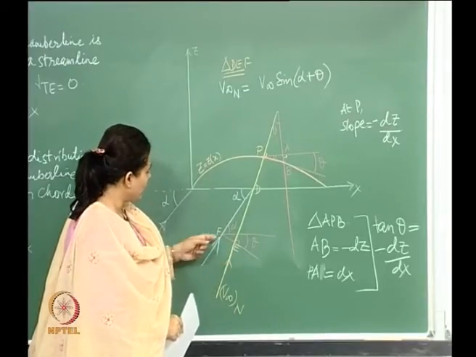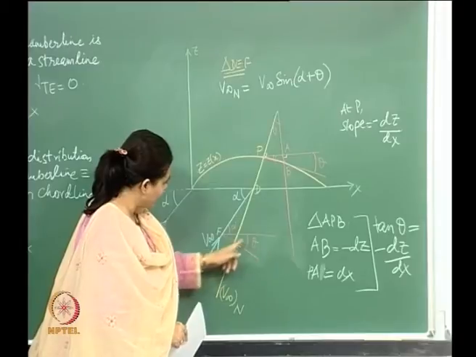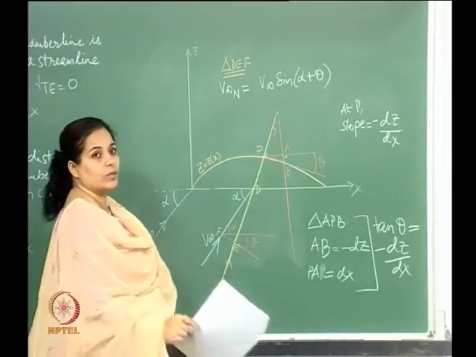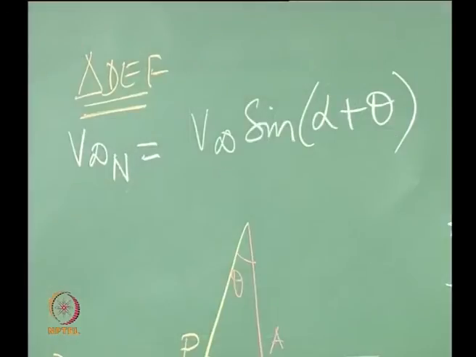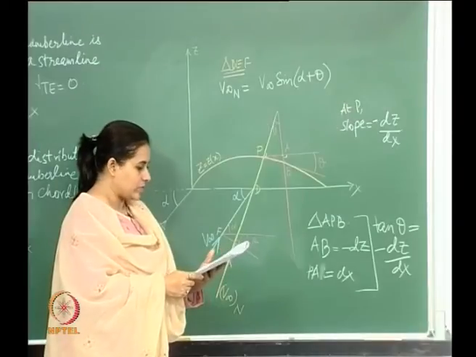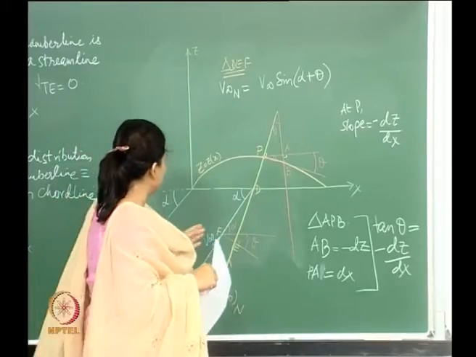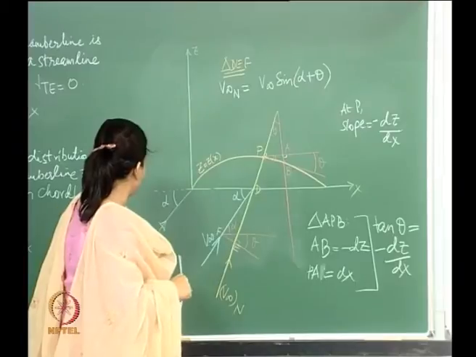So all we need is the cos this way and the sine this way. So V infinity sine of alpha plus theta. This is it.